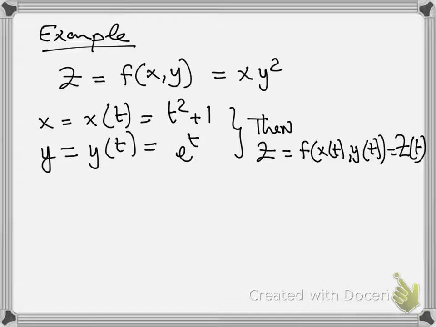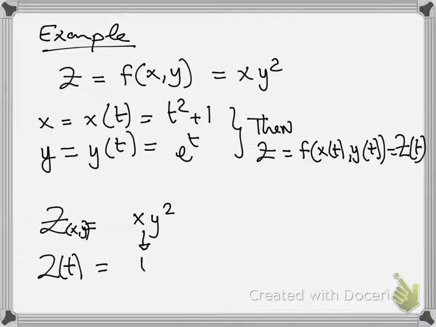Okay, so if you replace x by t squared plus 1 and y by exponential of t, then z would be equal to x y squared, but then z of t, so this is z of x, y, right? Now z of t, so x is equal to t squared plus 1 times y squared. Y is e to the t, right? So e to the t squared.